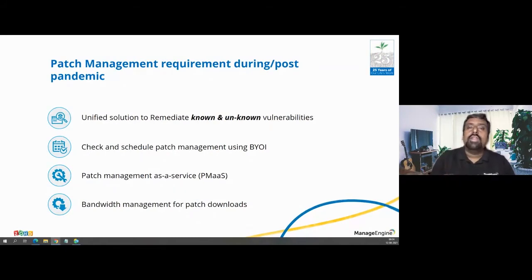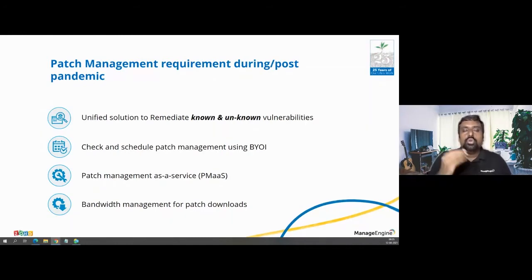The unknown vulnerabilities are things like protocols. What are the different protocols that you use? Whether it be a remote protocol, what are the different applications that are using your remote protocols, peer-to-peer connectivity, legacy protocols, things like TLS version 1.1 or the SMB v1 port. So there are different vulnerabilities that could be part of your endpoints.